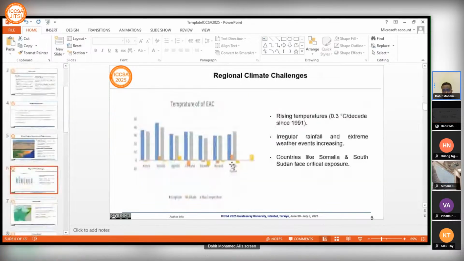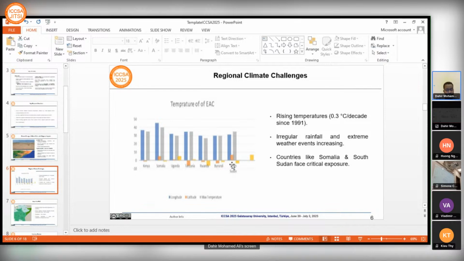Our study also considered regional climate challenges. Since 1991, the region has experienced a notable rise in temperature, on average about 0.3 degrees Celsius per decade. This trend comes with irregular rainfall patterns and extreme weather events such as floods and droughts, which disrupted farming cycles and food production.